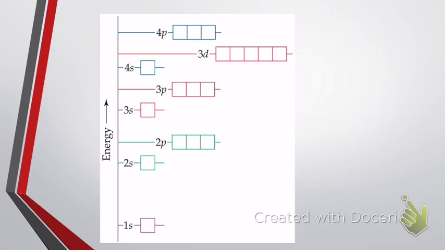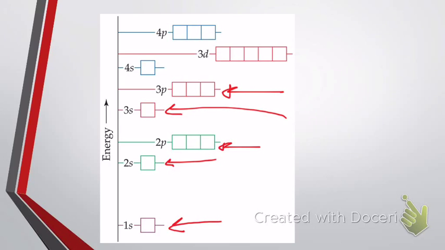This picture was given in the last presentation, but I wanted to point something out here. We see the 1s orbital, higher in energy is 2s, a little higher is 2p, then we go to 3s and 3p, but if you notice, the next energy level up is not 3d.